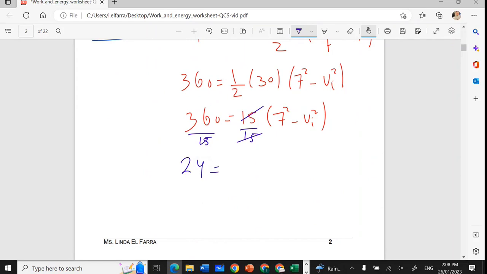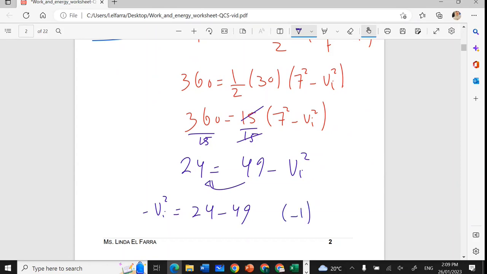24 equals 7 squared, which is 49, minus the initial square. Take this to the other side. So minus the initial square equals 24 minus 49. I need to get rid of the negative, so I'm going to multiply both sides by -1.